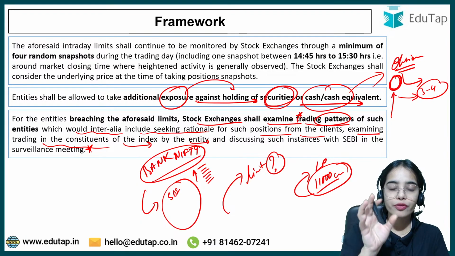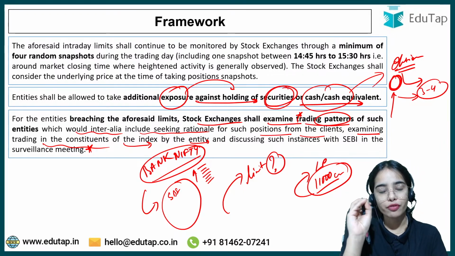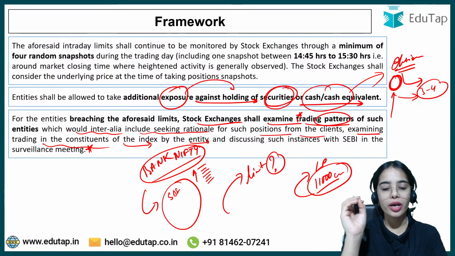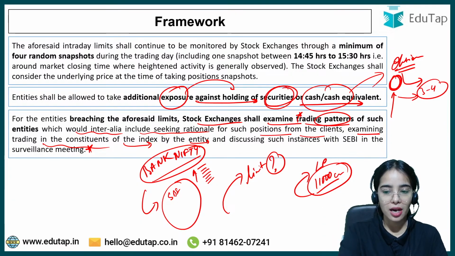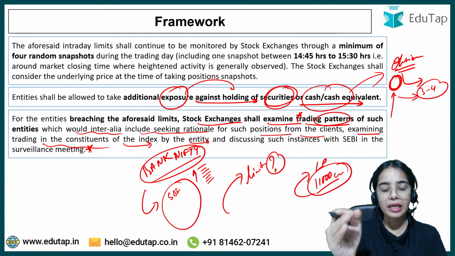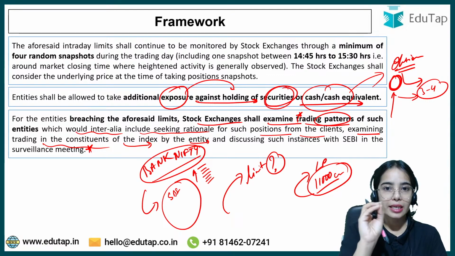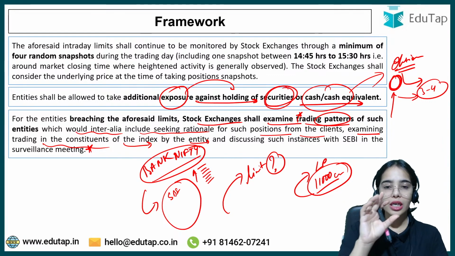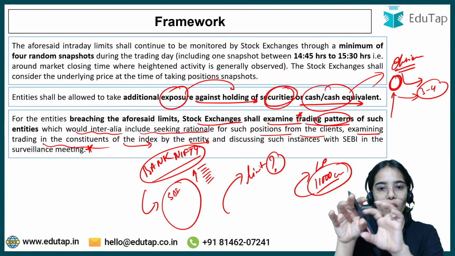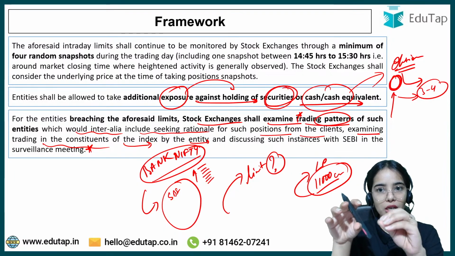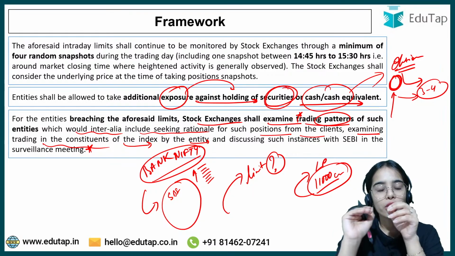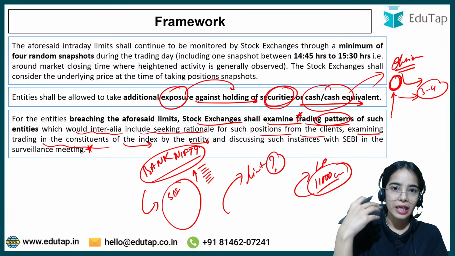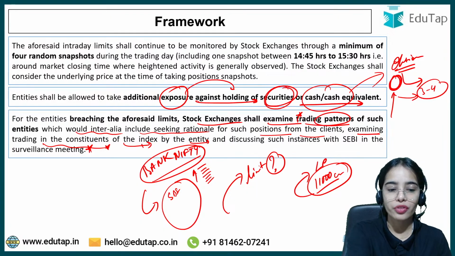So basically, if a breach of the aforesaid limit is happening by an entity, the stock exchanges will seek the rationale for why this breach has happened, as well as what trading pattern this entity is following, and whether the entity is trading or investing in the options for Bank Nifty. Has the entity also taken options for the constituents of the index?